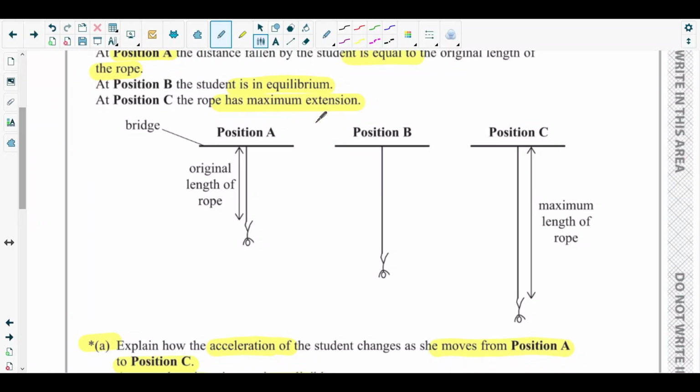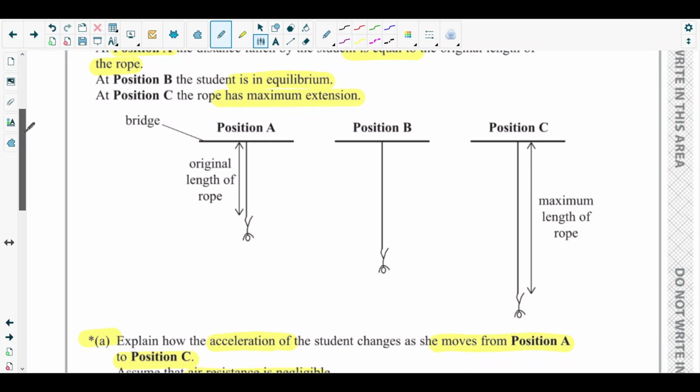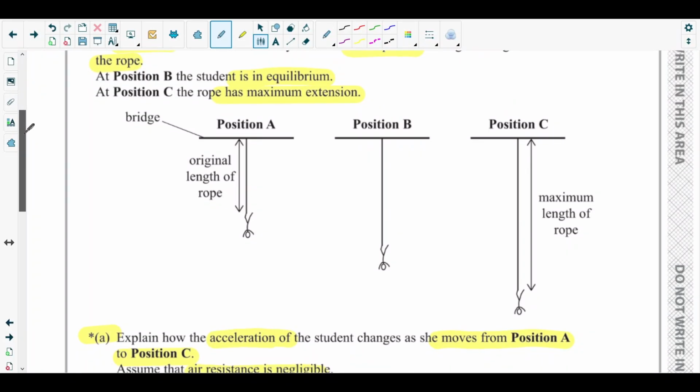The weight is the resultant force, because initially the rope has not been extended to its original length. It was slack, it was loose. So there was no tension in the rope initially. Initially the resultant force on the student is its weight.